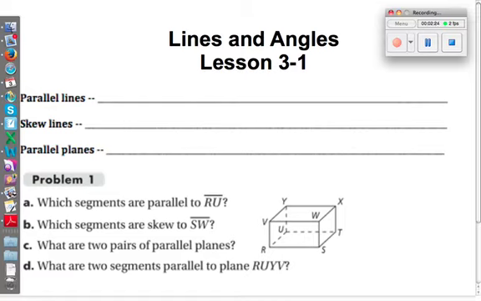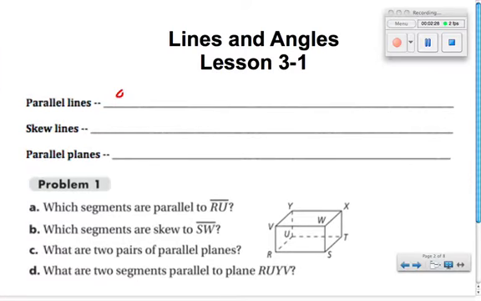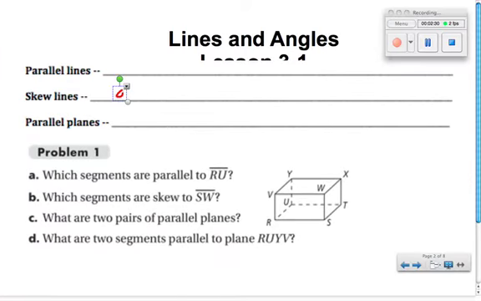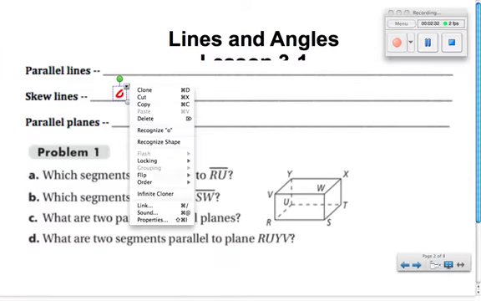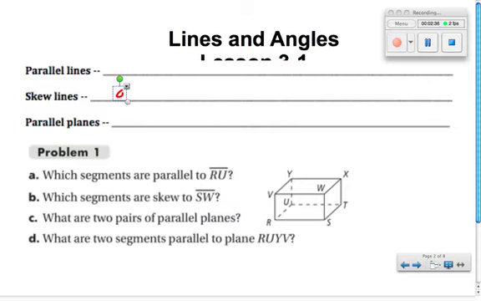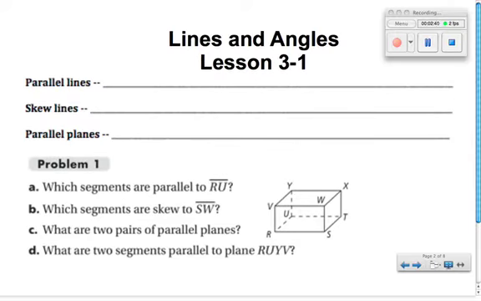Absolutely, beautifully stated. Parallel lines are coplanar lines that don't intersect.